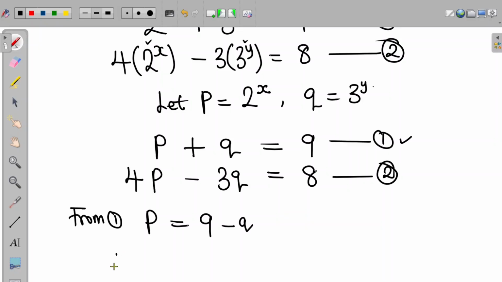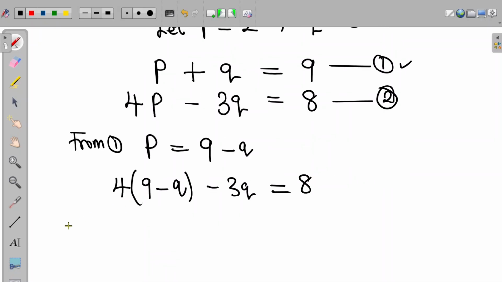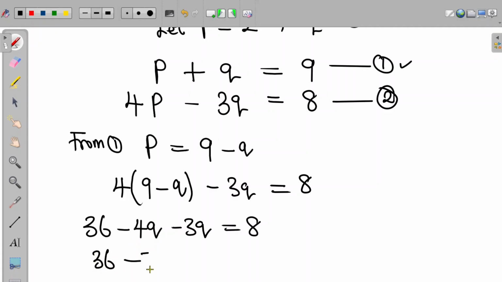We have 4 open bracket 9 minus q close bracket minus 3q is equal to 8. So 9 times 4 is 36, then minus 4 times q is minus 4q, minus 3q is equal to 8. Minus 4q minus 3q is minus 7q. So we have 36 minus 7q is equal to 8.